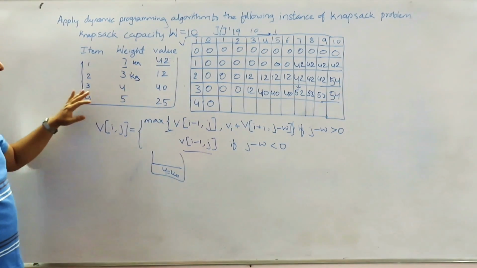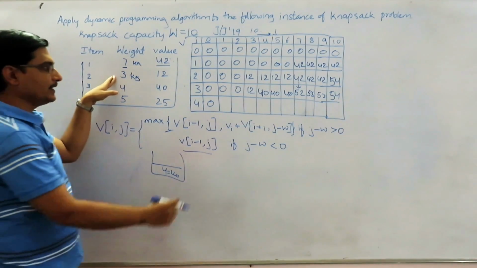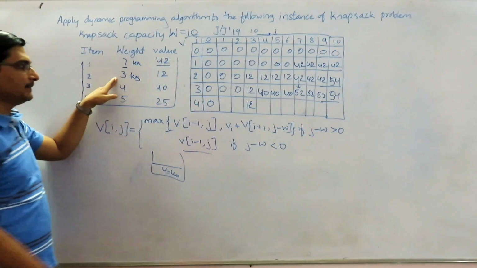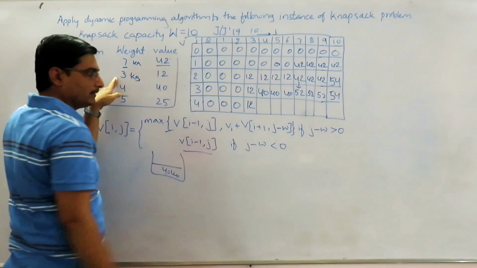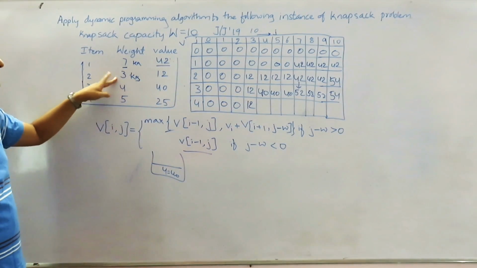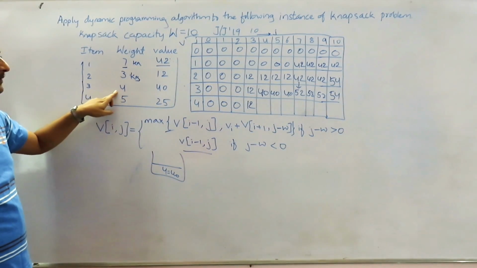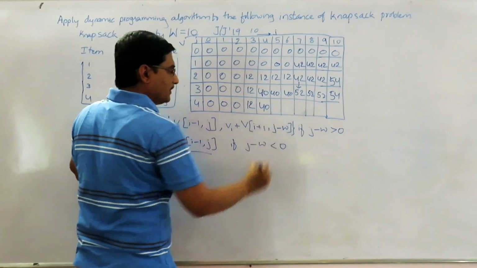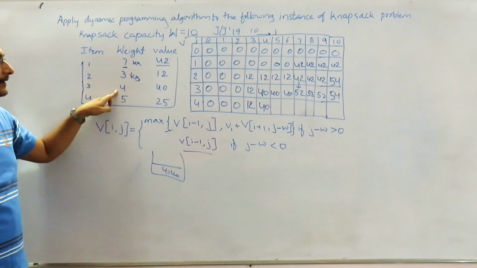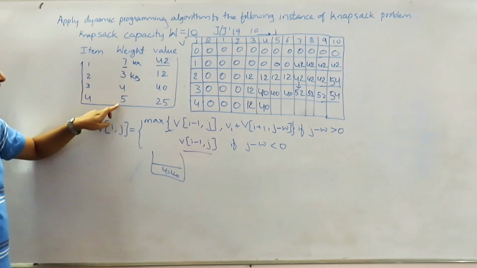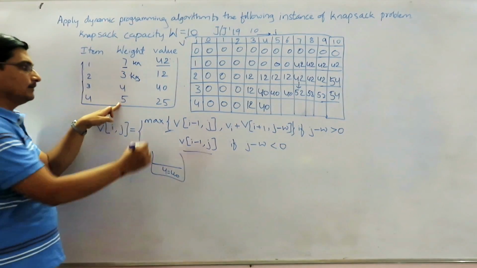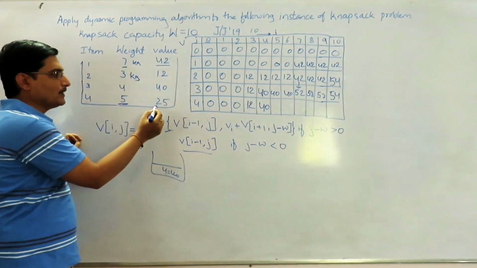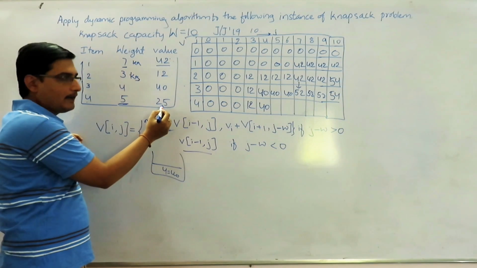So when the capacity of the bag is 3, we can think of considering the second element. Till then the value gained will be 0. When it becomes 4, we can think of putting this third object, so value gained will be 40. When the capacity of the bag becomes 5 kg, we can think of putting this fourth element, from which we will get 25 value.